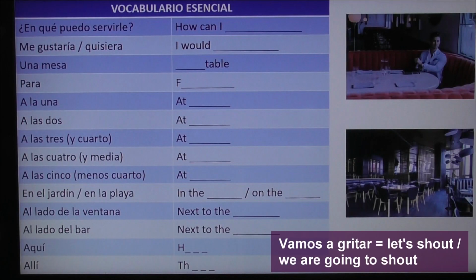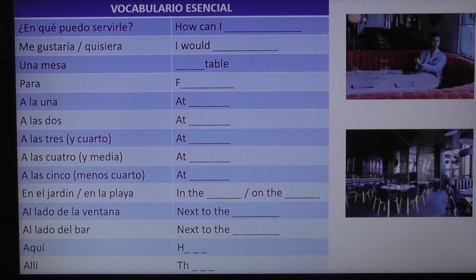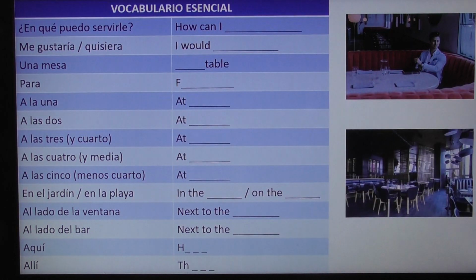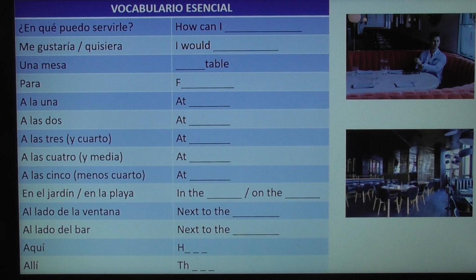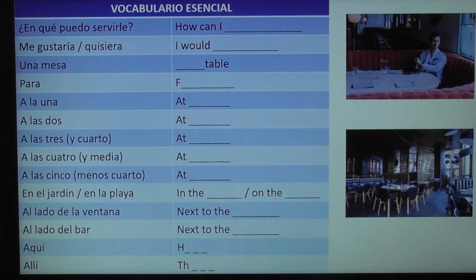Y ahora vamos a gritar en español, por favor. A table. Una mesa. I would like. Me gustaría, or quisiera. At 4 o'clock. A las 4. At 1 o'clock. A la 1. Next to the bar.